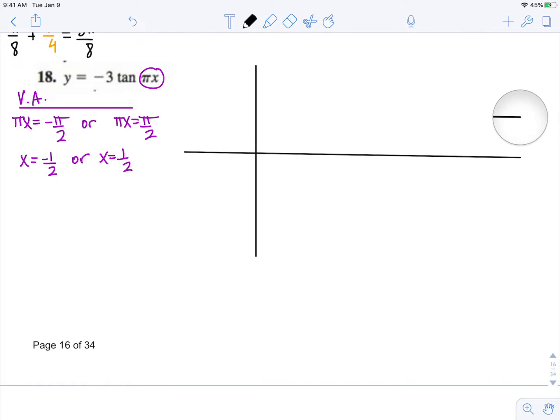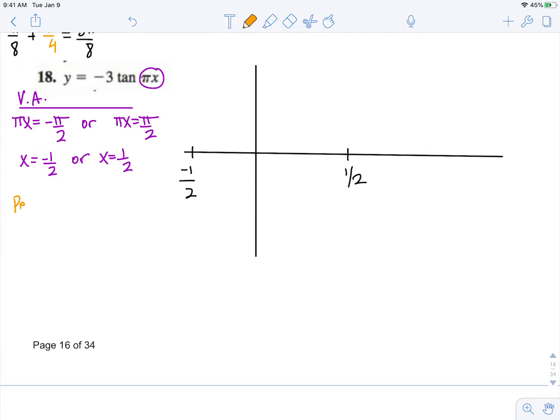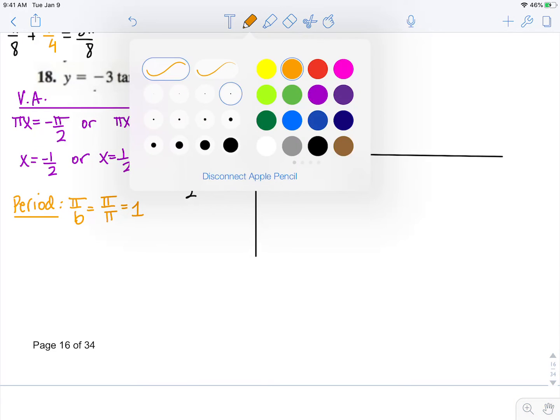So I'm going to start by sketching my first two vertical asymptotes, negative 1/2 and positive 1/2. Now remember, our period for tangent is pi over b, which is going to be pi over pi, which is 1.